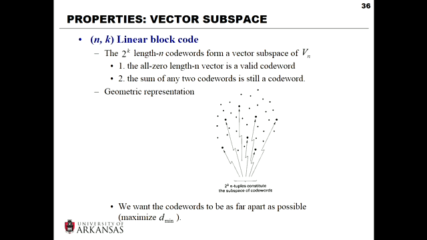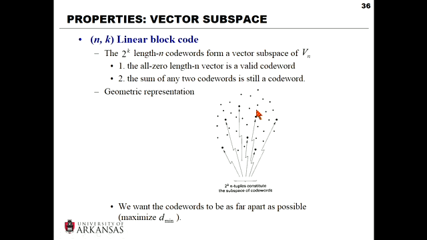So how do we pick the 2 to the power of k points? These big black dots are our valid code words. They form a subset. When we pick these big black dots, geometrically we would like them to be as spread out as possible. If they are spread out, then we can maximize the distance among them.